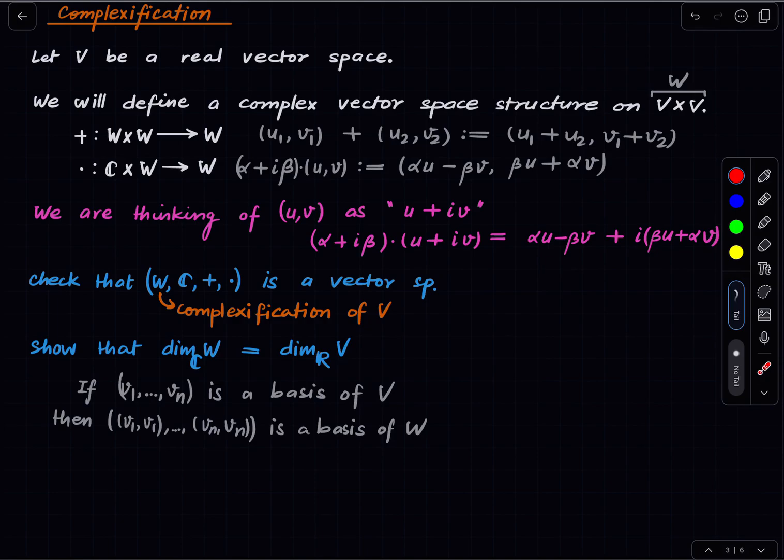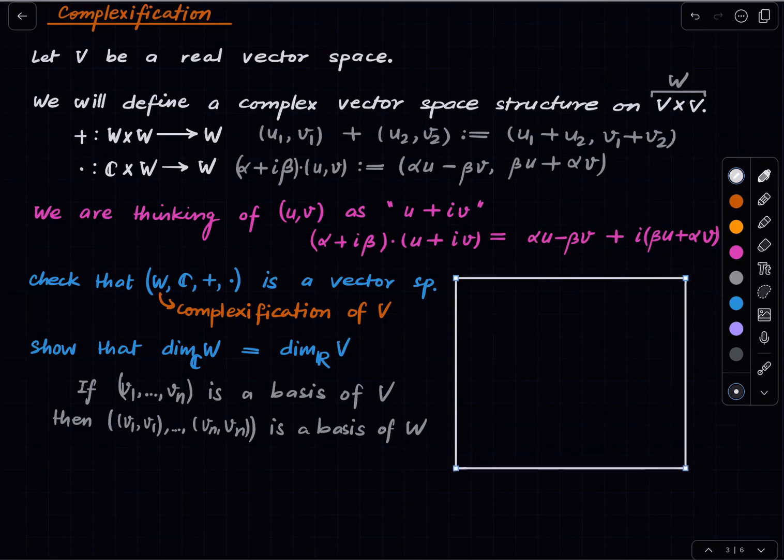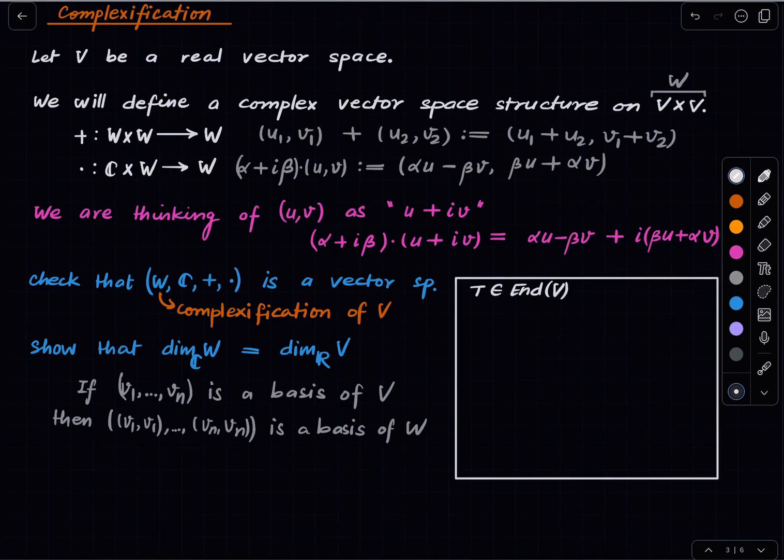We can also complexify endomorphisms. So suppose we have an endomorphism T on V. V is, of course, this real vector space over here. So define T tilde, for lack of better notation, from the complexification of V to the complexification of V. So it is an endomorphism. I mean, we are going to define something which will turn out to be an endomorphism. The definition is it takes a vector w to this thing.